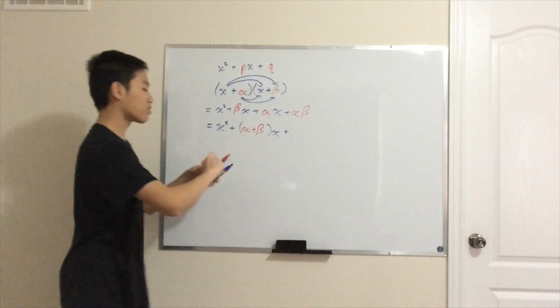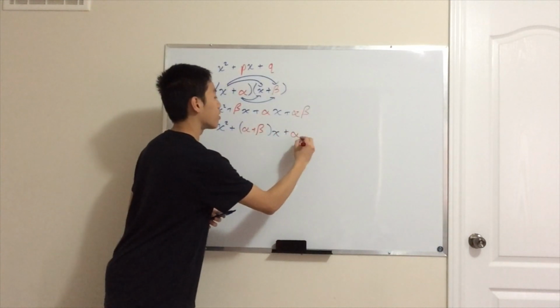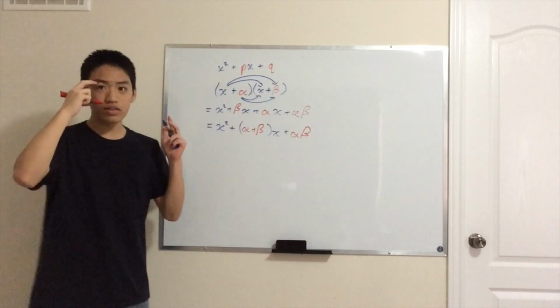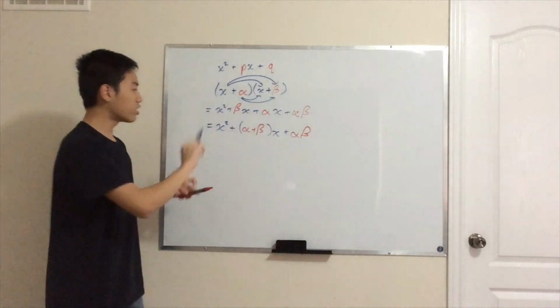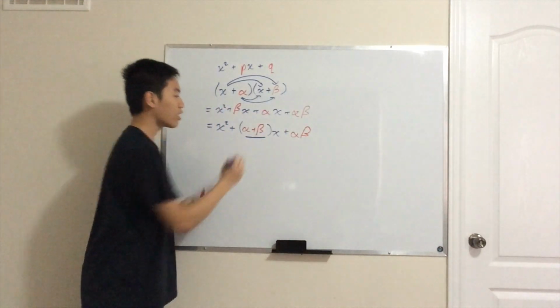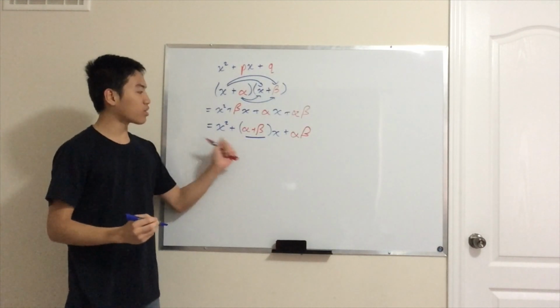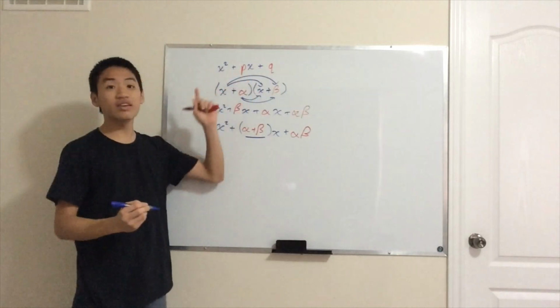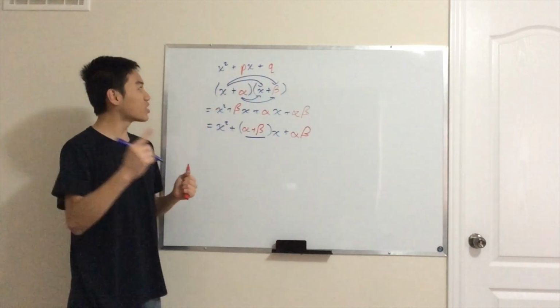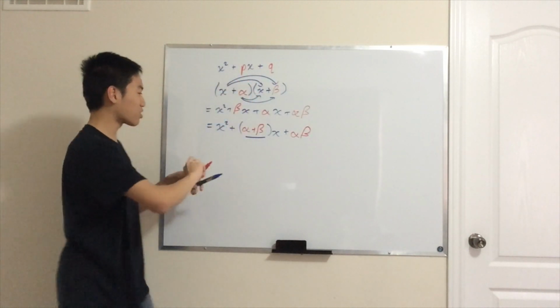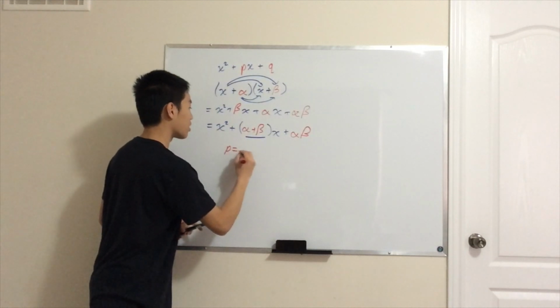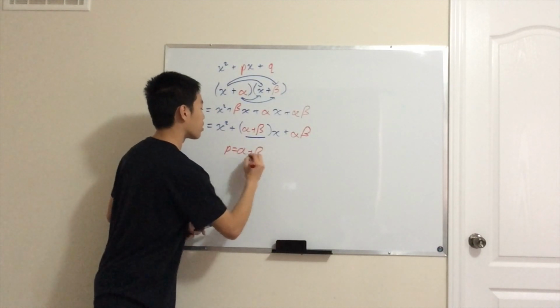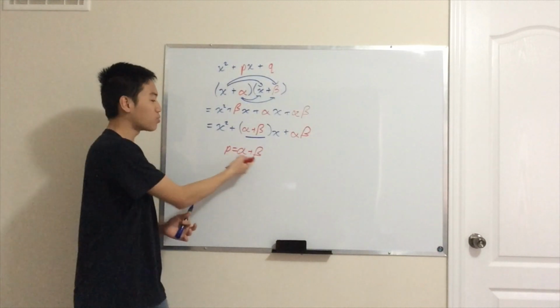Last of all, we have alpha beta. And this is what we'll notice. Here we have alpha plus beta as the coefficient of x. Up here, p is the coefficient of x. So we can say that p is just alpha plus beta, or alpha plus beta equals p.